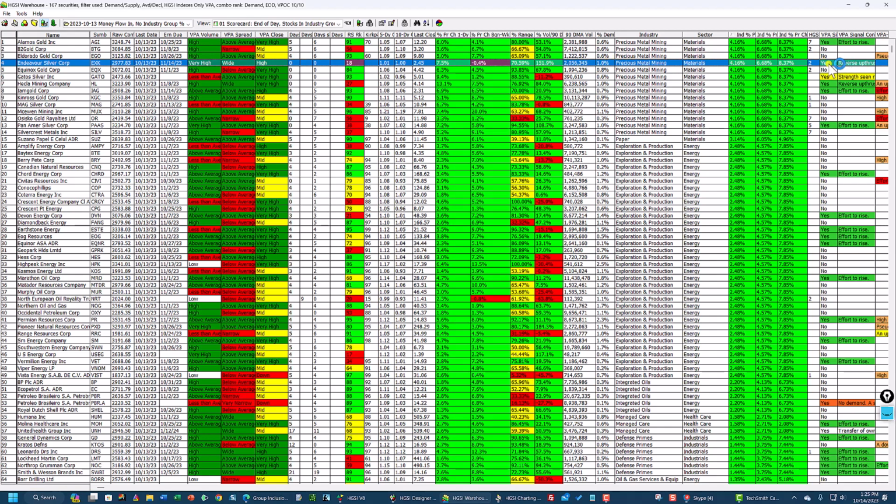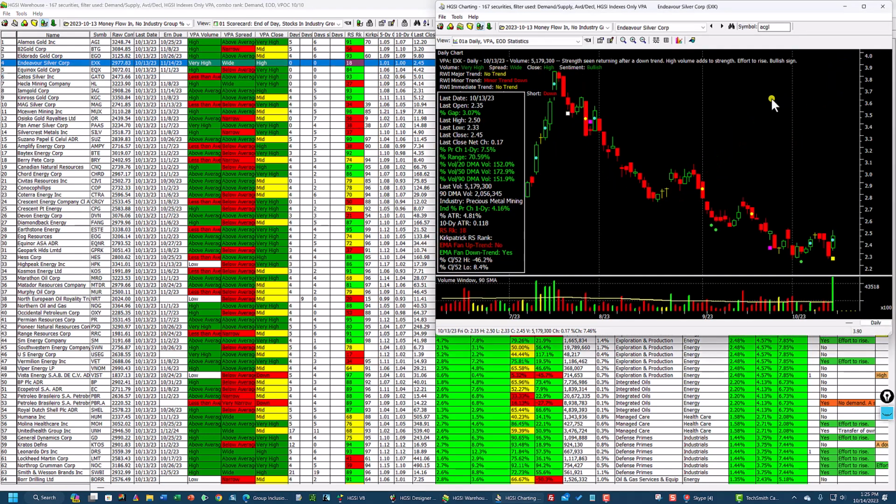Reverse up thrust, that's not good. Yes, it is. What am I talking about? I was thinking of up thrust. Well, here's a reverse up thrust. It's been going down. We're getting 2 VPA signals right here. Strength seen returning after a downturn. High volume adds to strength. This is a cheap stock.